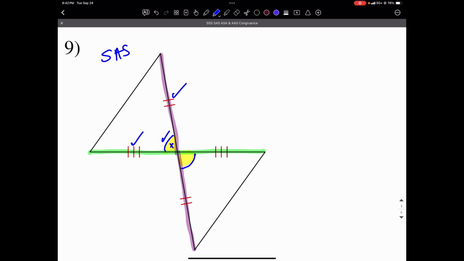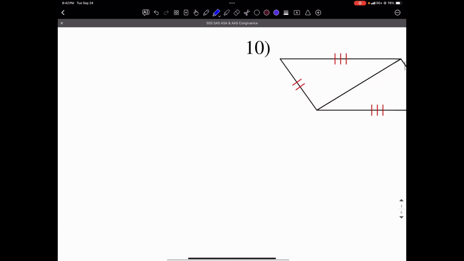So these two sides, the S and the S, are the line segments that form that angle, right? So side, angle, side, those sides have to form that angle. The angle has to be between the two sides.